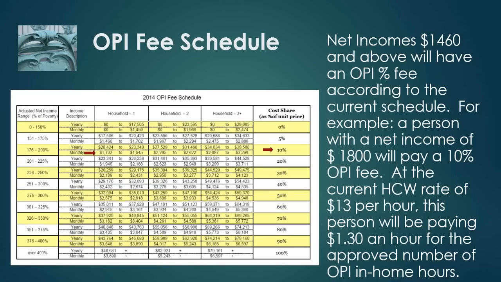So that percentage translates into the amount that they will pay monthly, but we can also break that down by the number of hours they use to know the hourly amount. And sometimes that's useful in helping the client to understand the benefit of using the OPI program and the cost that they'll incur by having in-home assistance.